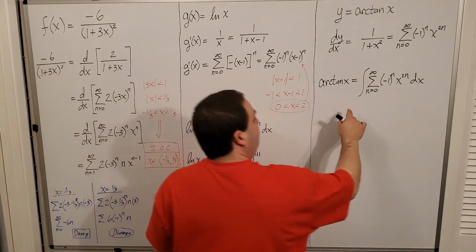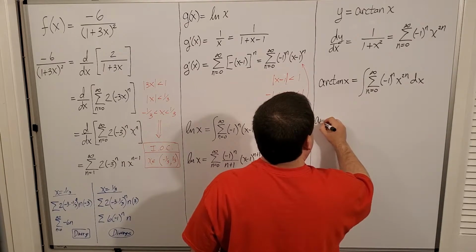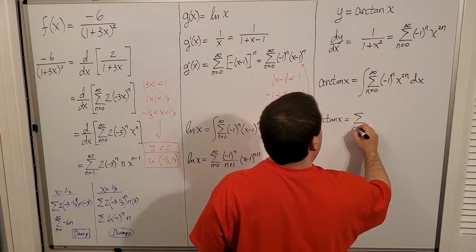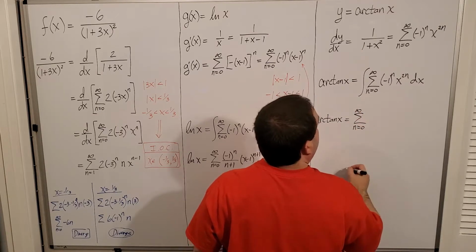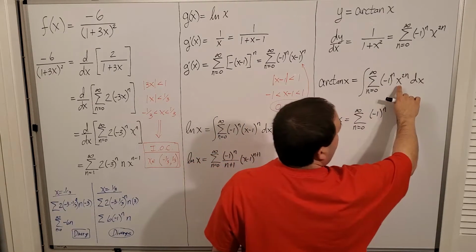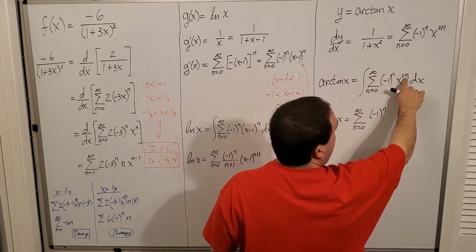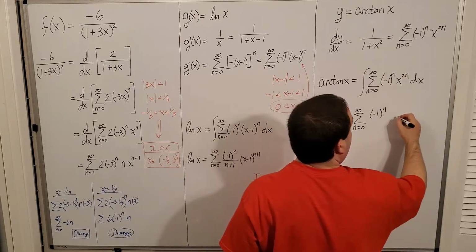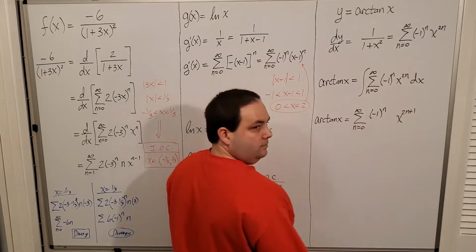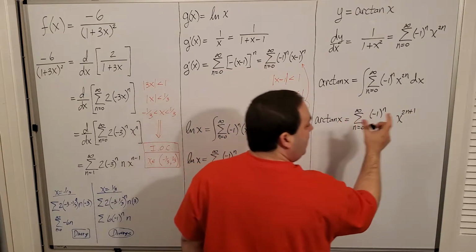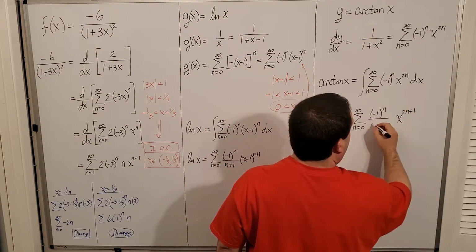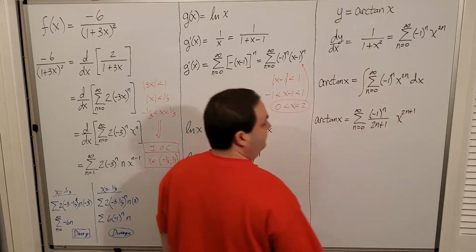Okay, and then this tells me that arctangent of x is equal to the sum from n equals 0 to infinity. I have negative 1 to the n still. Now I'm going to do my power rule here, right? My power right now is 2n. So my new power is 2n plus 1, right? You add 1. And then whatever that new power is, you divide by it. So divide by 2n plus 1.